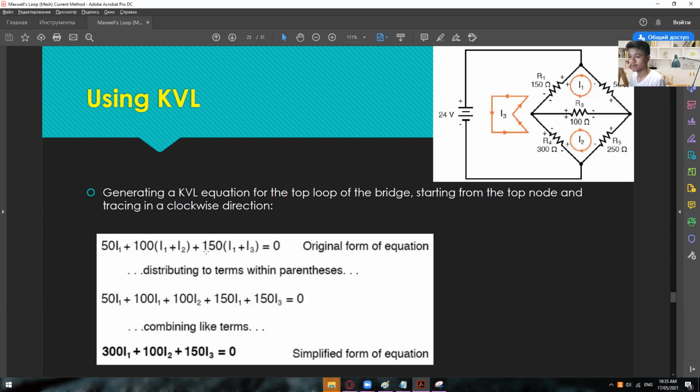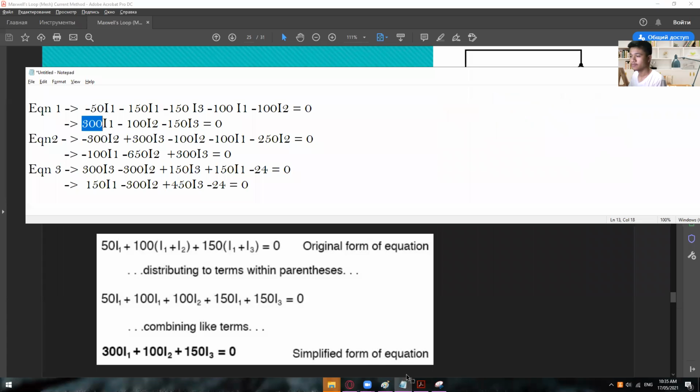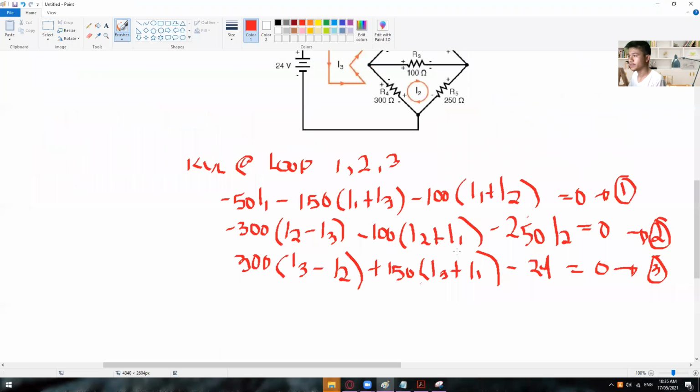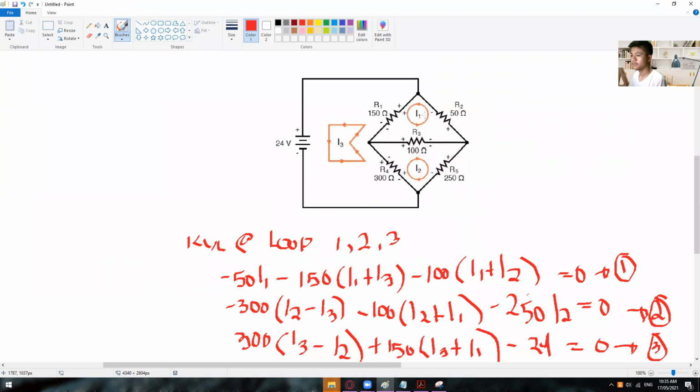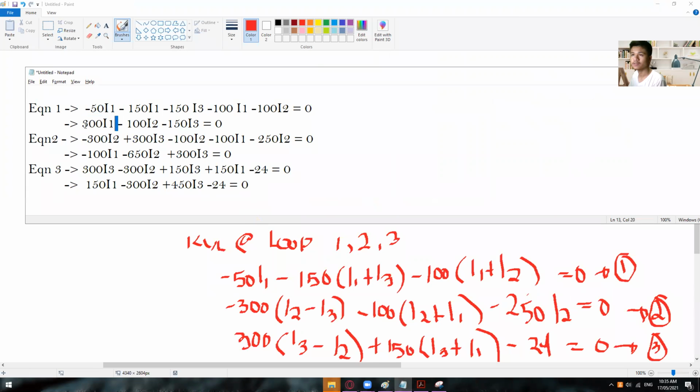Yeah, everything's correct. But in our case, what we did is negative 50, negative, negative. So everything's negative. How come this one isn't? My bad, I wasn't able to put the negative sign. Okay, so negative 50, negative 150, and then negative 100. So a total of negative 300.